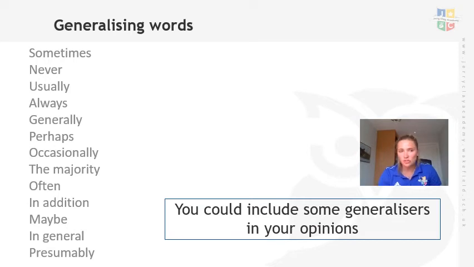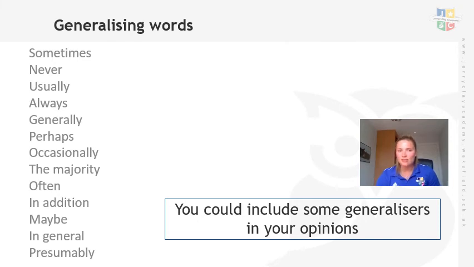Now, you might also want to include some generalizing words. These include sometimes, never, usually, always, generally, perhaps, occasionally, the majority, often, in addition, maybe, in general, and presumably. When you're talking about your opinions, you might say, "Sometimes I have found time quite challenging. However, occasionally I have started to understand how to use an analog clock."